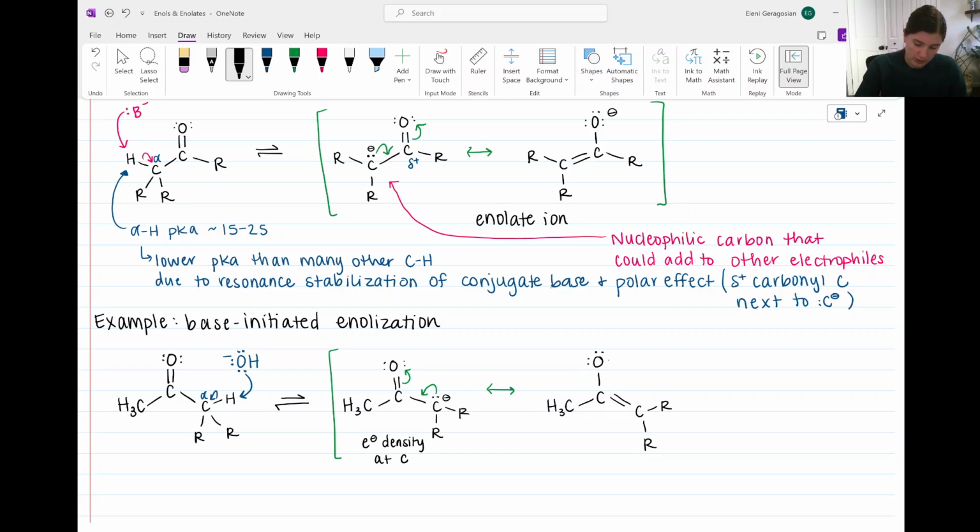One resonance structure shows electron density at the carbon. The other structure shows electron density at the oxygen. And then remember, this is our enolate ion.